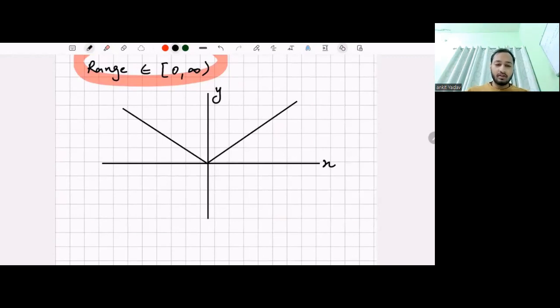This is for y is equal to x and y is equal to minus x. This is your modulus function graph.